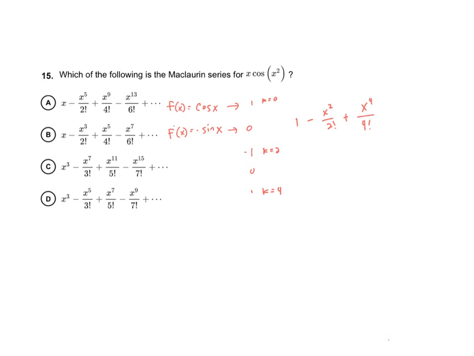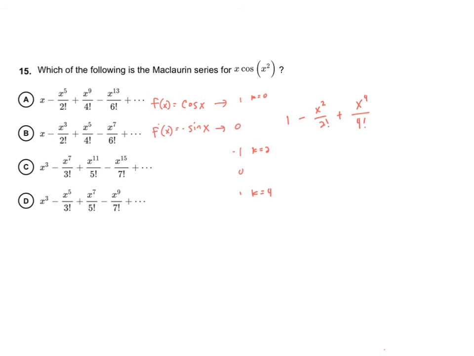So now we'll plug in x squared for all these x's. Keep in mind this is cosine x. So cosine of x squared is 1 minus x to the 4th over 2 factorial, and so on.